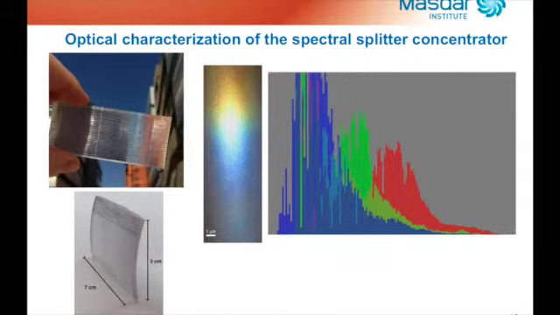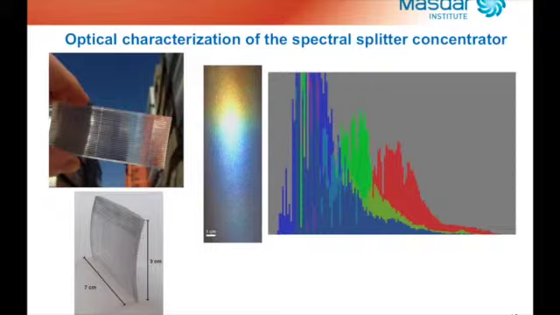We can see that our optical system is actually able to separate different colors of the solar spectrum, as reported also in the spectrum on the right. However, we still have to confirm if it is actually able to concentrate the light up to the efficiency that we determined by the simulation.